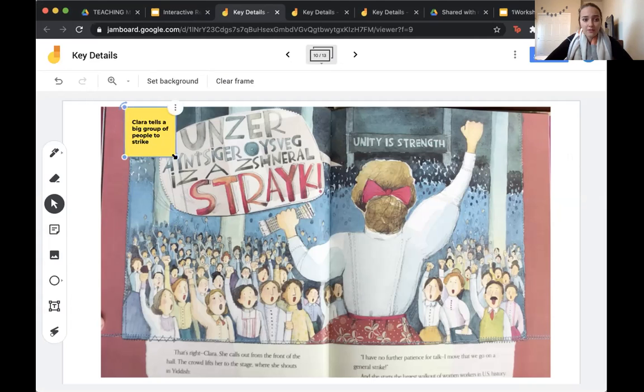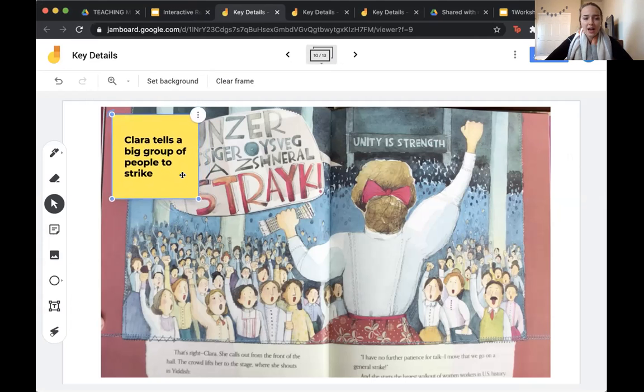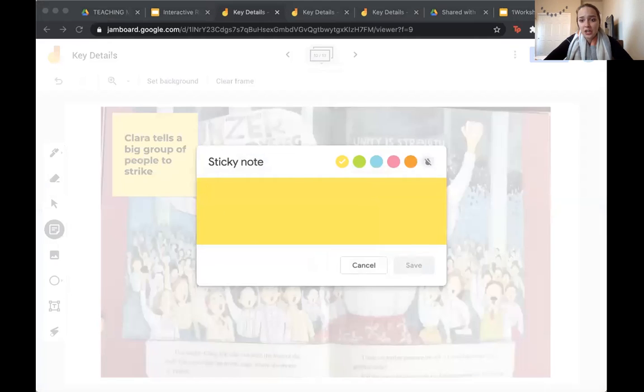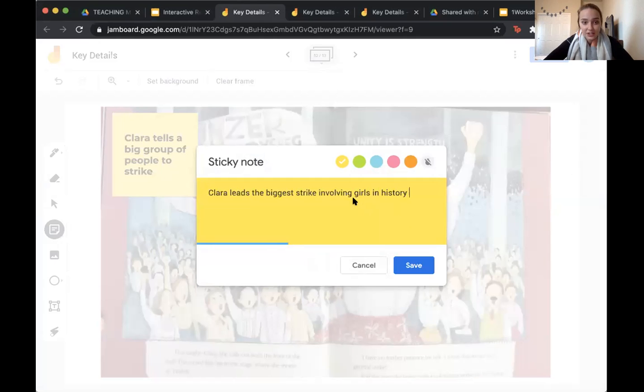Since there's more information on this page, I want to put another sticky note because I think it's also a key detail. Since the story stated that Clara started the largest walkout of women workers in U.S. history, I think that it's a key detail to know that Clara leads the biggest strike involving girls in history.